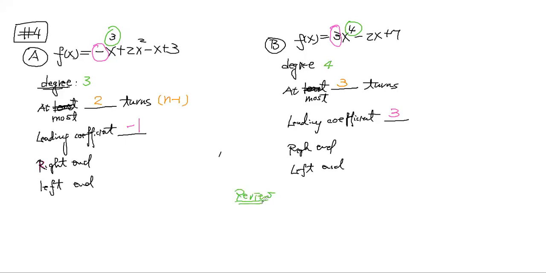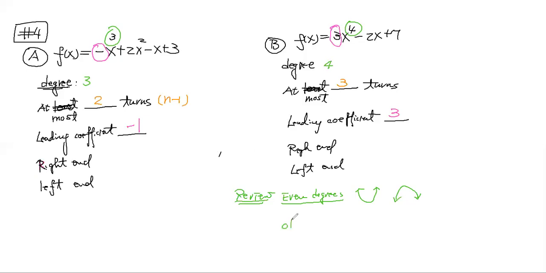So if you don't remember, we said if it's even degree, your graph either goes both up or both down, right?